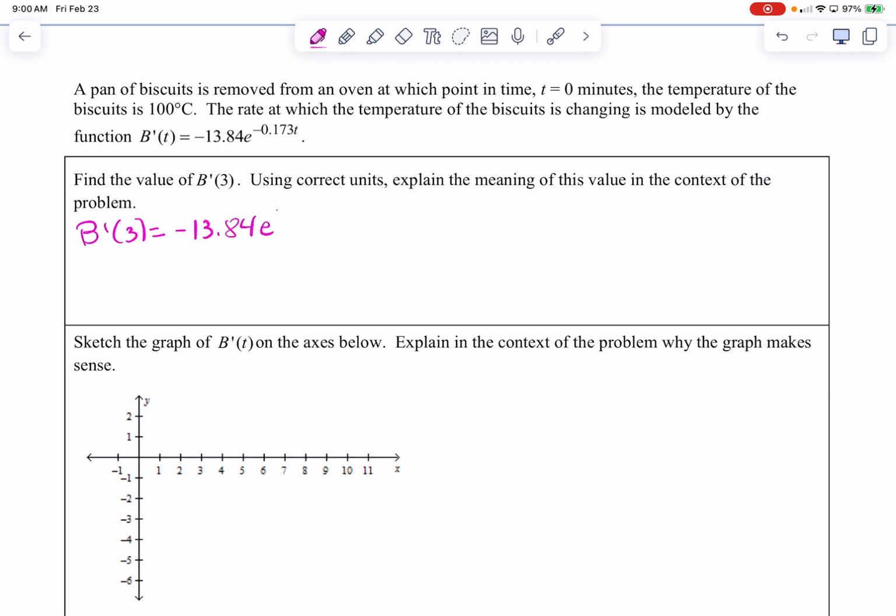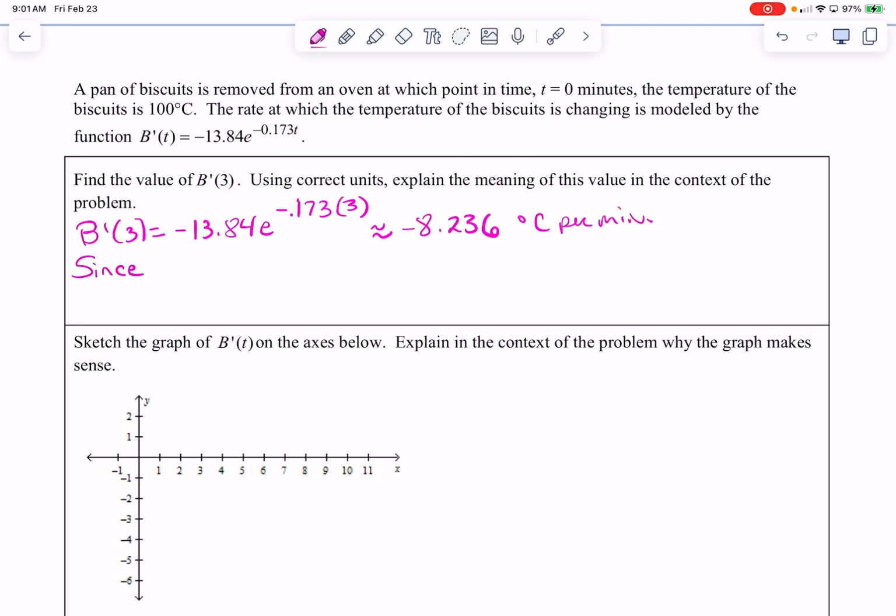13.84 e to the negative 0.173 times 3, which is approximately equal to negative 8.236 degrees Celsius per minute. So what's happening to these biscuits? They're decreasing in temperature.